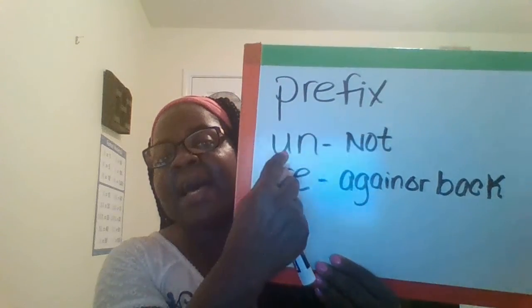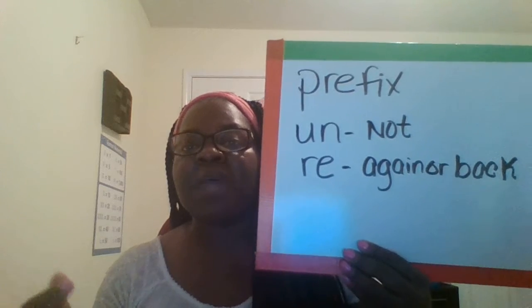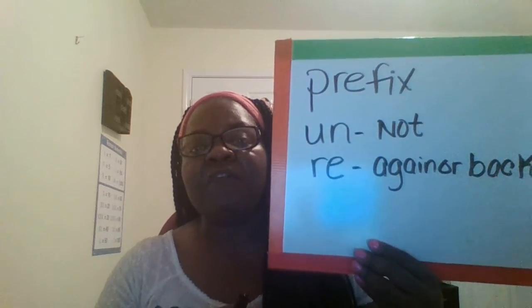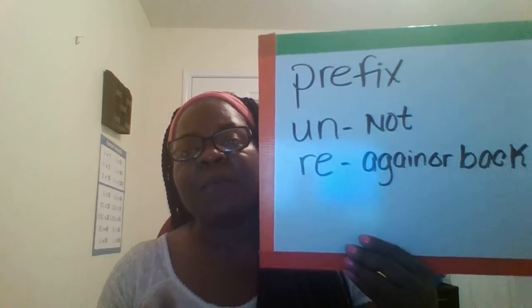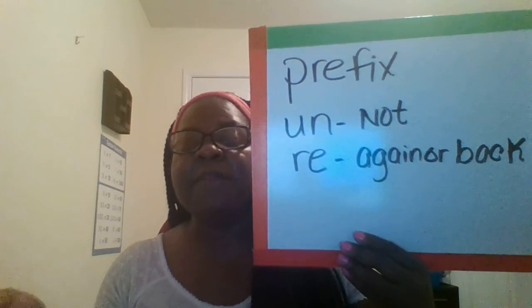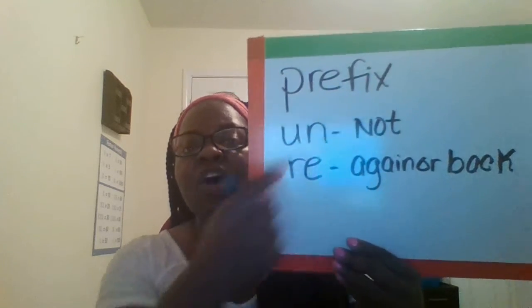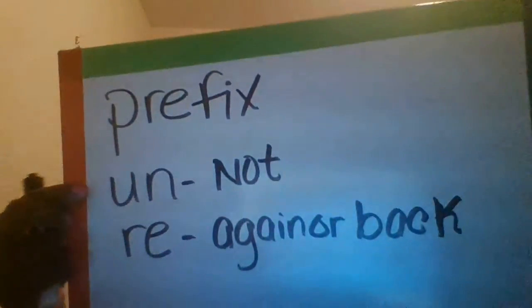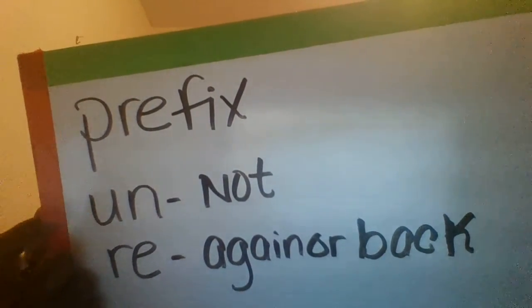Whenever you see un in front of a root word, that tells you it is not. So if I say untie your shoe, the opposite would be your shoes are tied. But if they're untied, that means they're not tied, okay? So whenever I put un in front of a word, I'm saying that it's not.